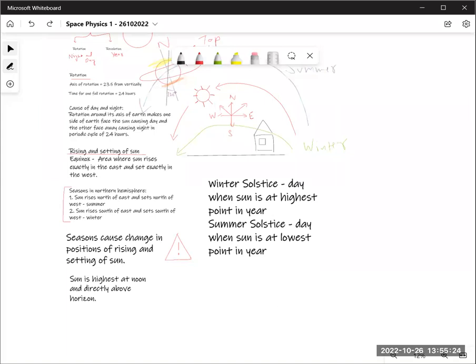And after that, we'll be looking at key things such as the solar system. All right, what I want you to do here is write a few more things.